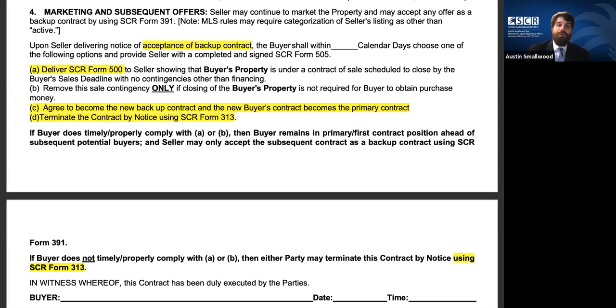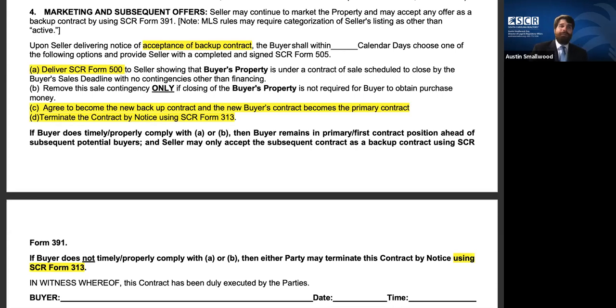So you would need to show the seller that the Ohio house is still set to close. You cannot be bumped out of primary position if you can show that. Or B, I've either got cash or I can afford 2 mortgages, so I can drop this sales contingency. If the buyer does A or B, then they remain the primary contract, and any subsequent backup contract simply remains a backup contract.